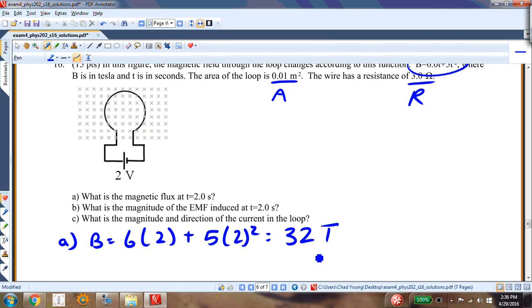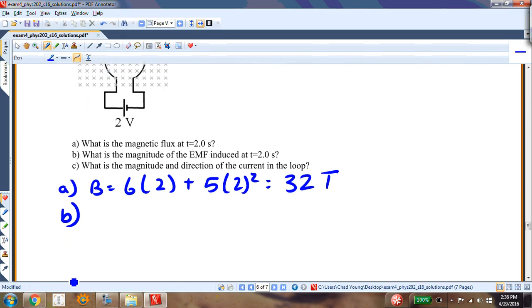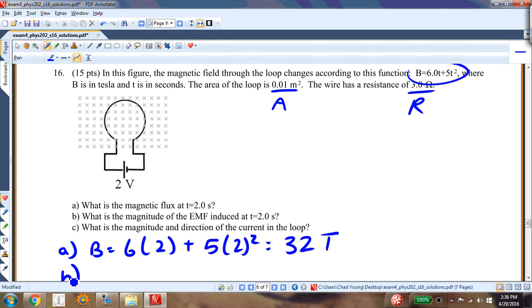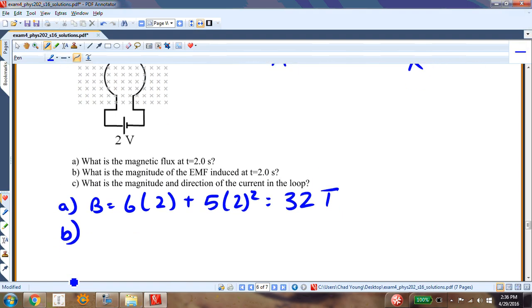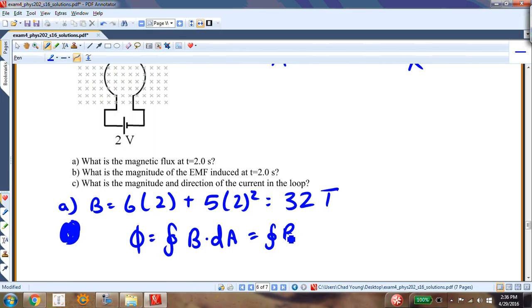Now, what is the magnitude of the EMF induced at t equal 2 seconds? So this one's more involved. Actually, let's see. Oh, I'm sorry. No. I need to know the magnetic flux at t equal 2 seconds. So my flux is equal to the integral of B dot dA. In this case, B and A are perpendicular to one another, so this is just the integral of B dA.